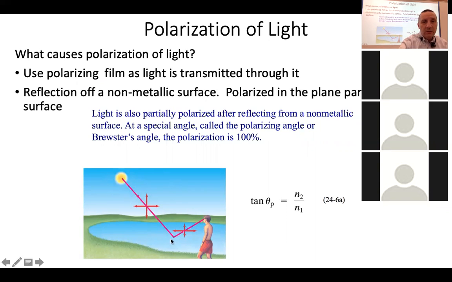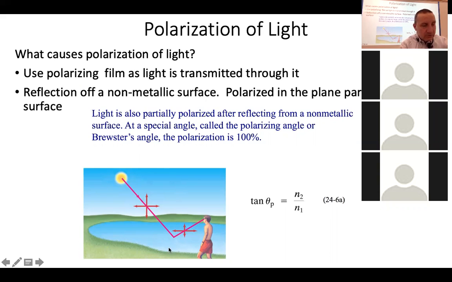You can see in our picture down here, the unpolarized sunlight hits the water, and it's represented by the size of the arrows there. The light that is parallel to the surface gets reflected fully, but the light that is perpendicular to the surface gets reflected at a much smaller amount. So that causes a glare.